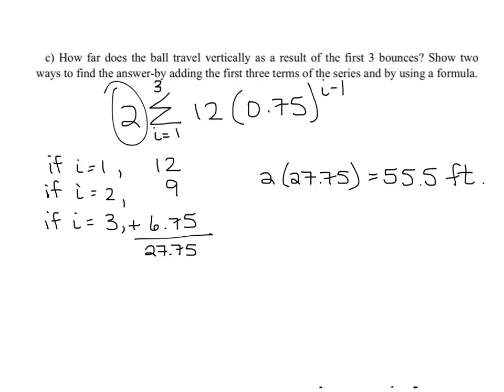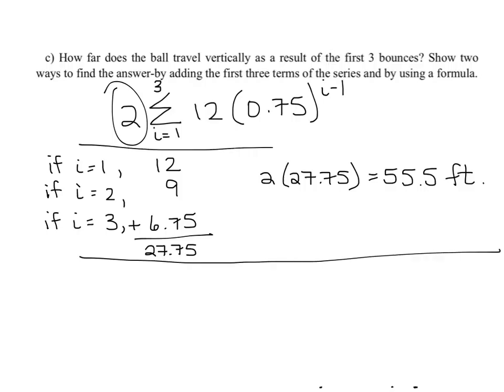Now there's actually a nice little formula that will also bring this to you much more quickly, which is very, very nice. The formula works like this. You take a sub 1 and then you multiply it by a fraction. On the top, 1 minus the rate to the n power.